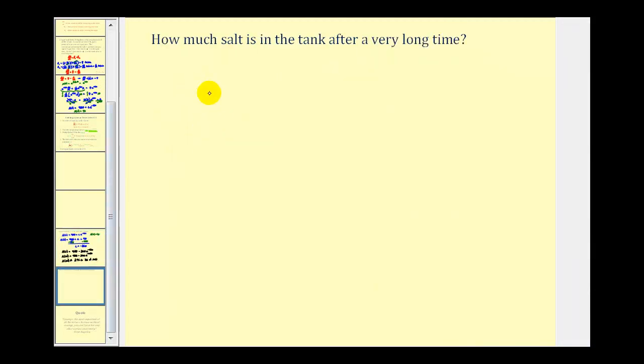And now for the last question, how much salt is in the tank after a very long time? We can answer this by finding the limit as t approaches infinity of A of t, which would be, again, 400 minus 360 times e^(-t/50).